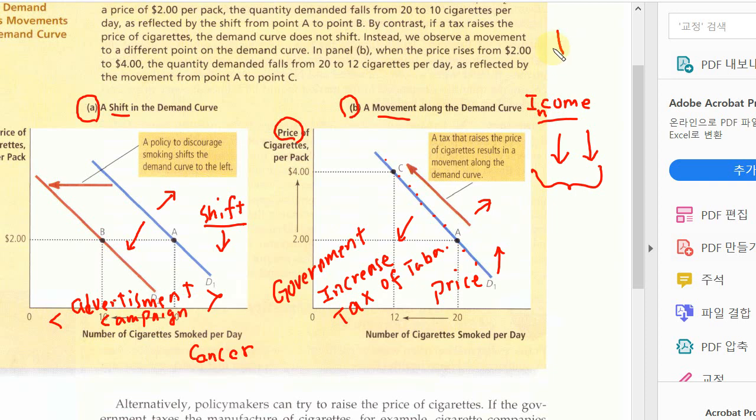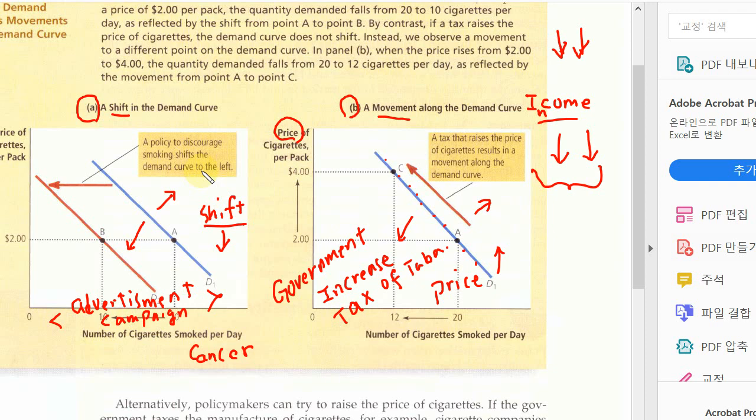Once income decreases, you will have a decrease in demand for tobacco because you have less money to purchase it. In this case, income is one factor which influences the shifting of the demand curve.